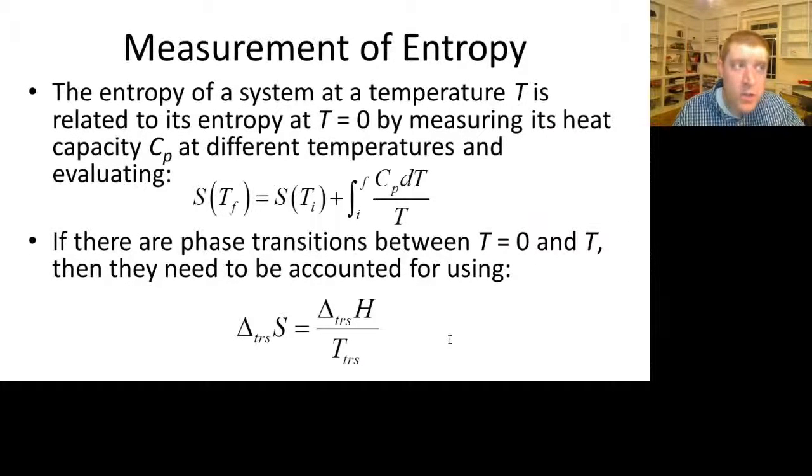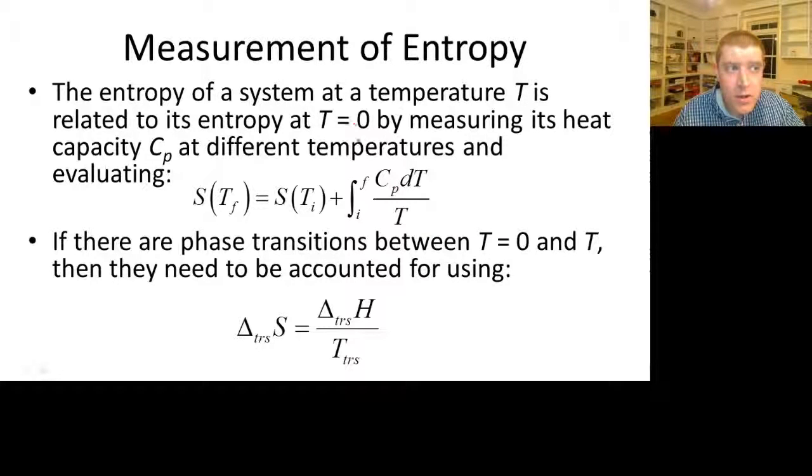All right, now, if we actually want to measure the entropy, let's look at how we can go about doing that. So the entropy of a system at some temperature T is related to its entropy at T equals 0, so absolute 0, by measuring its heat capacity, Cp, at different temperatures, and then evaluating this equation that we have.